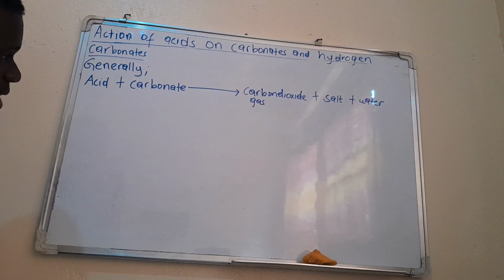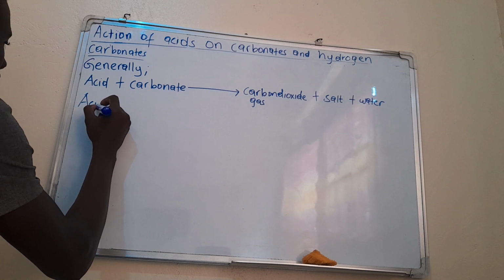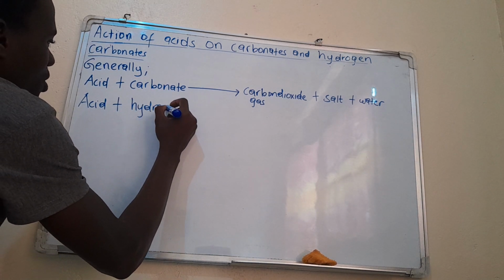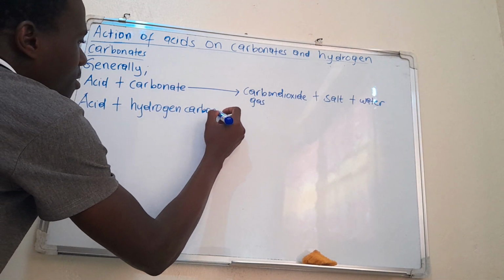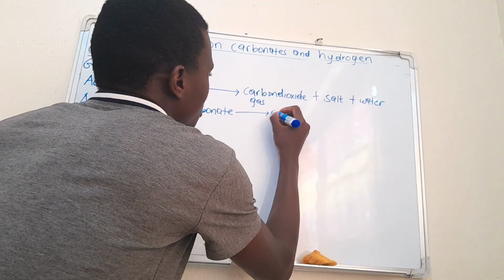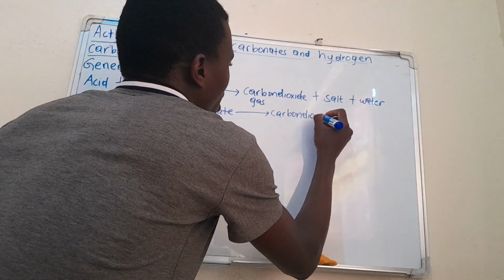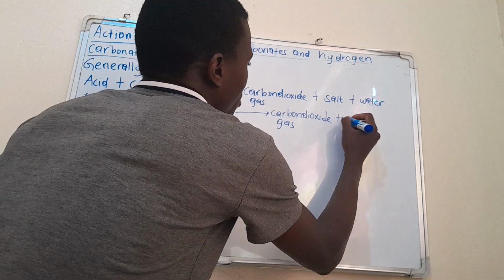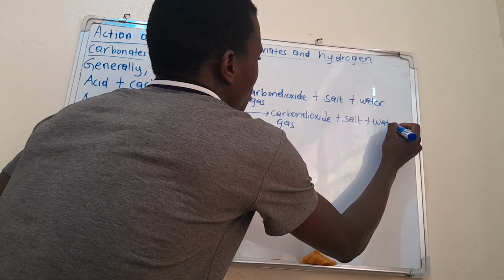The same applies when you're dealing with a hydrogen carbonate. So acid plus hydrogen carbonate gives us carbon dioxide gas, plus salt, and plus water.